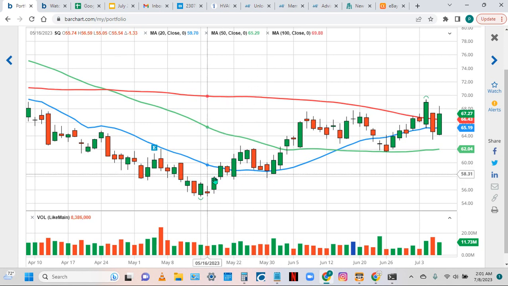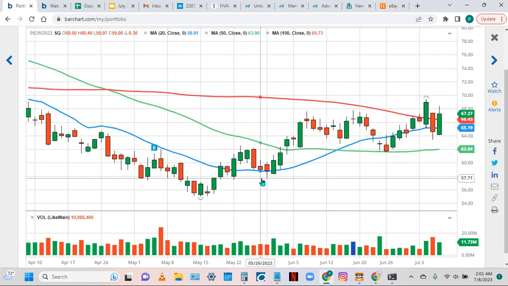Now you've got kind of 3 candles at a higher low point. So that'd be another indication that momentum to the downside is kind of going away, and buyers are starting to either find value at this price, or there's been somebody waiting around to buy Square that feels this is a good time to buy Square. So now we can just kind of watch and see what happens next.